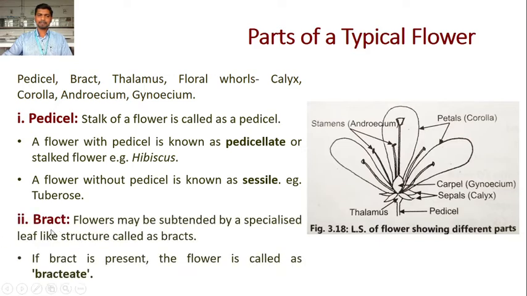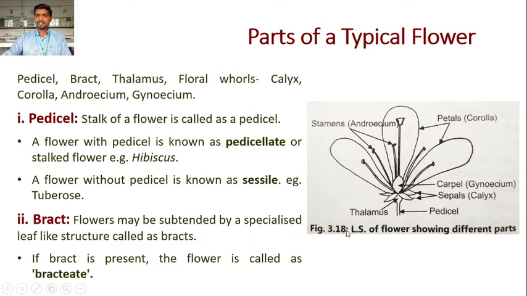Next to this is the bract. Flowers may be subtended by a specialized leaf-like structure called the bract. This bract is present here at the base of the flower, at the base of the pedicel, where the flower is attached to the branch or the stem of the plant. So in the axil of the pedicel and the stem, a leaf-like structure is present. It is called the bract.